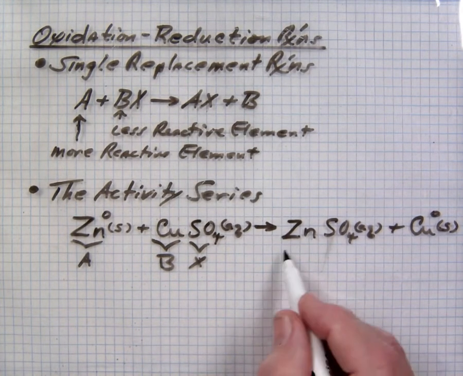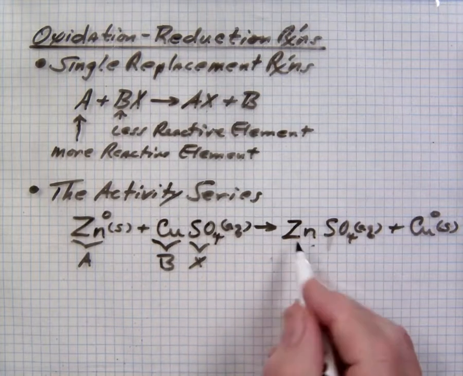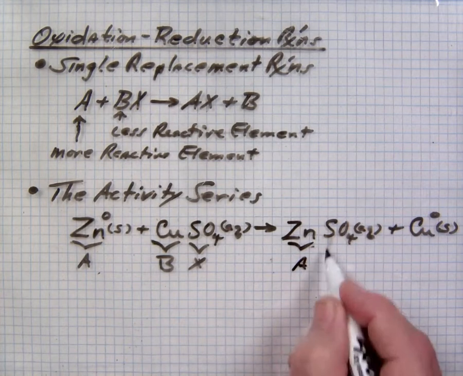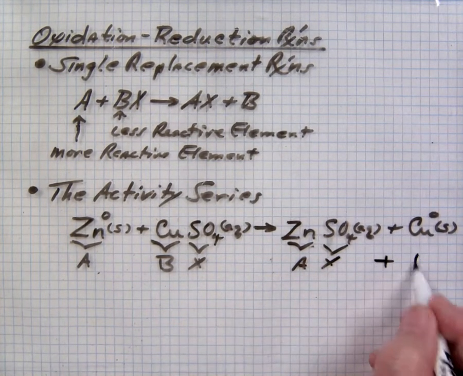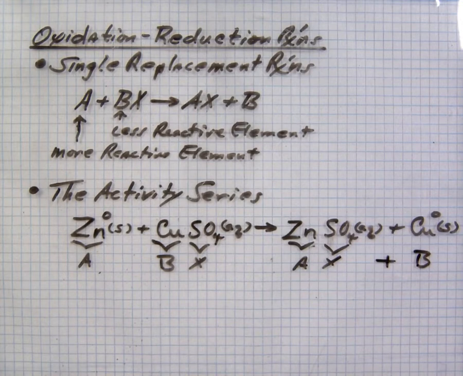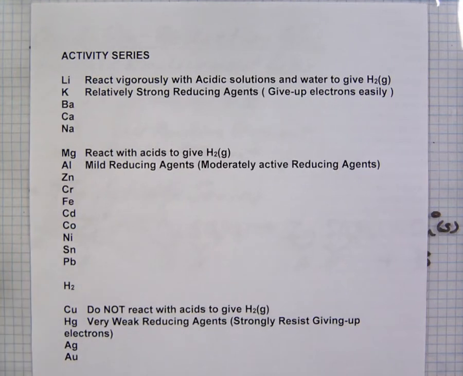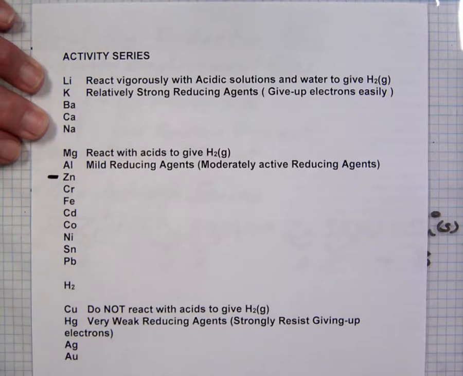So A replaces B, it gives me AX plus B. As we look at the activity series, we see that here is zinc and copper is down here.